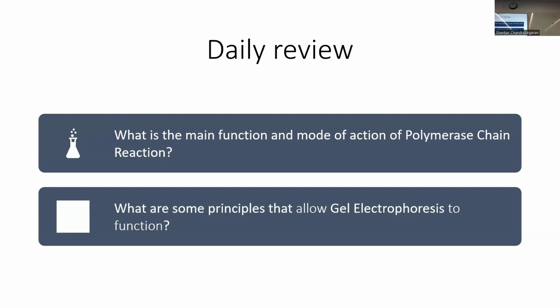It will be amplify DNA. Basically, make multiple copies of the same DNA fragment. So we call it amplifying DNA. That's actually the simplest form you can use to define polymerase chain reaction. The mode of action is going to be much more complicated to explain. I will leave that out for now.